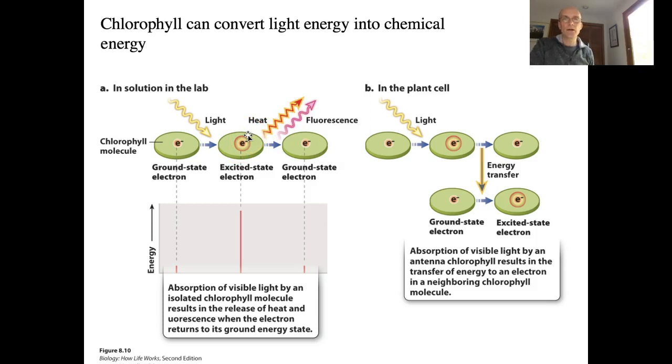There's another way energy can be given off. It can be given off as heat energy, but it can also be given off as light energy again. That kind of light energy is called fluorescence. If you have something fluorescent, it's sort of shiny and bright, like bright fluorescent green.